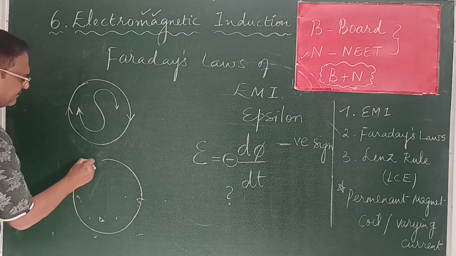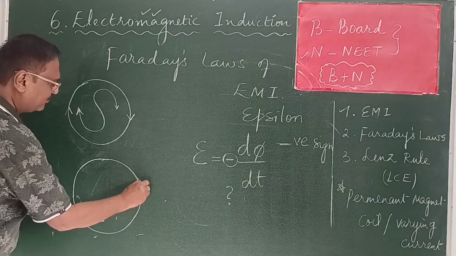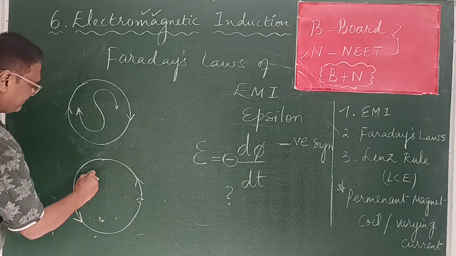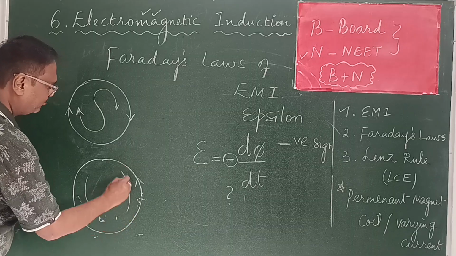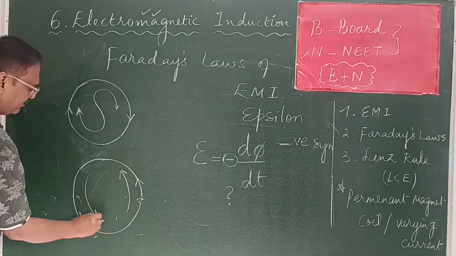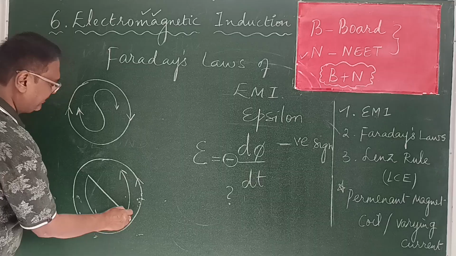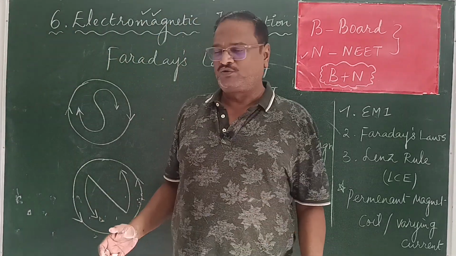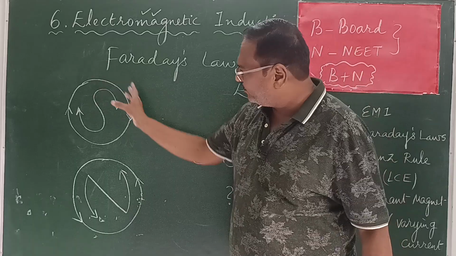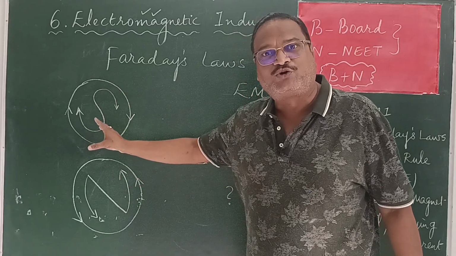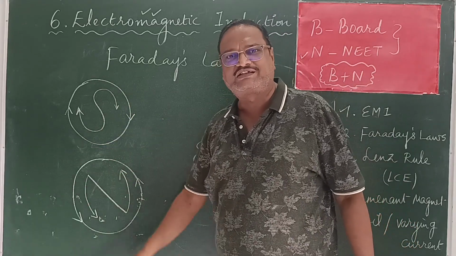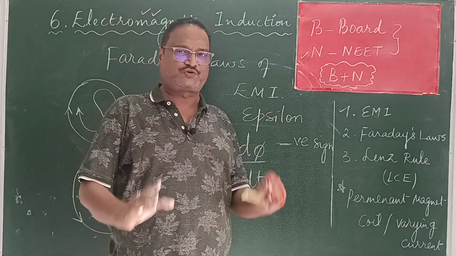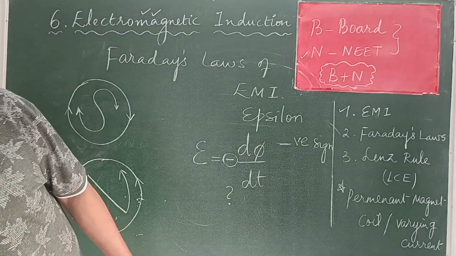Suppose the current goes anti-clockwise, the opposite, that will be north pole. You might have studied this concept in class 10th. Clockwise direction is south pole and anti-clockwise direction is north pole. Keep this clear in mind. Right? I will show you now.